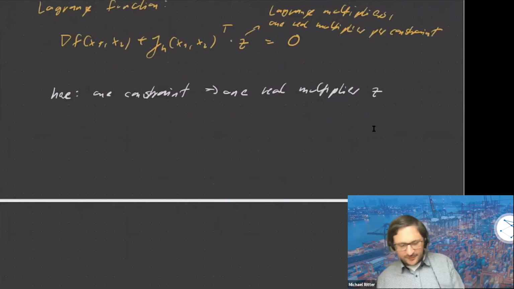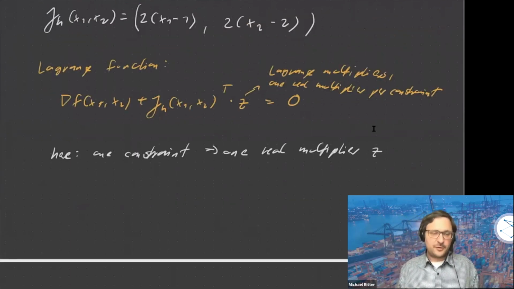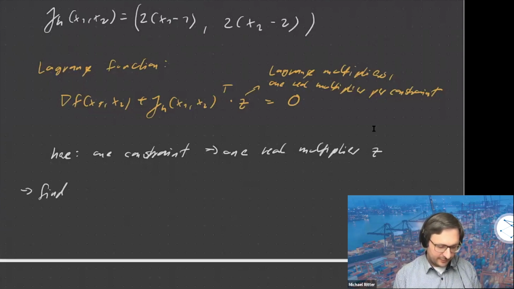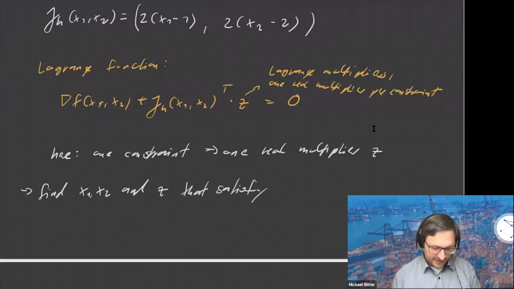And that means to find candidate points for optima, what we have to do is we have to find points x and multiplier Z that satisfy this condition. Okay, so find x1, x2, and Z that satisfy this condition.